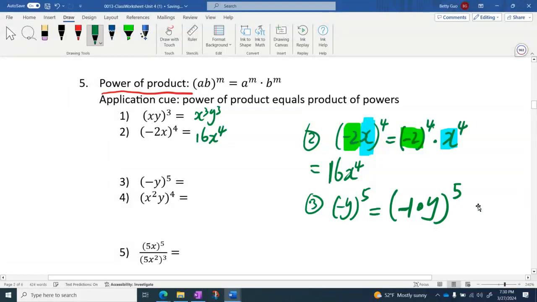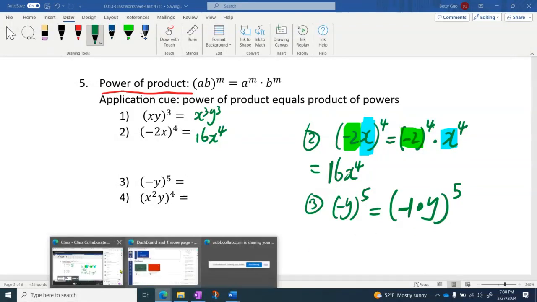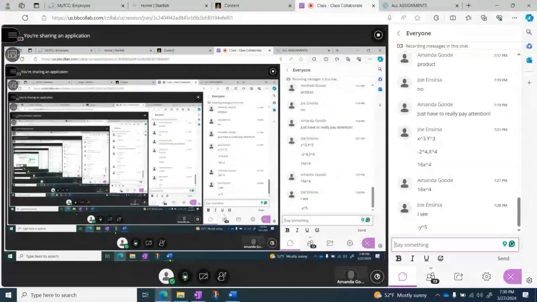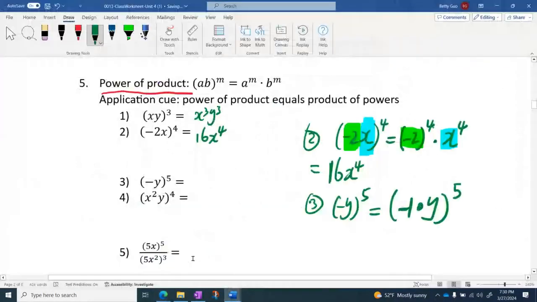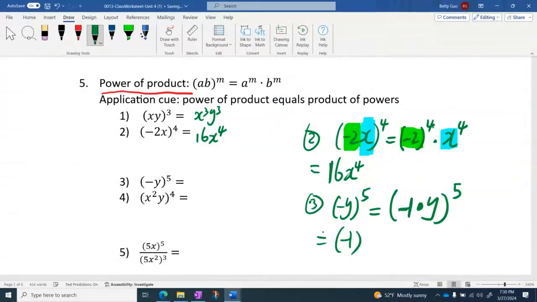It is a power of product. -y is -1 times y. It is the fifth power of a product. -1 is the first factor, y is the second factor. -y to the power of 5. Awesome, exactly. Your answer is correct, Jill. Power of a product equals the product of powers.